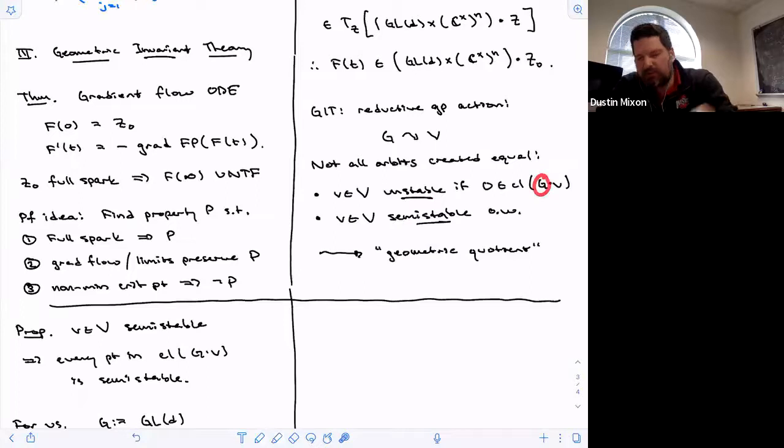So instead of looking at the full group, you could look at a one-parameter subgroup, a subgroup that's parameterized by a single complex variable. And certainly, if 0 is in the closure of the orbit under that one-parameter subgroup, then you're unstable. And it turns out the converse also holds. If you're unstable, then you're going to be able to witness that with some one-parameter subgroup. And this is super useful for deciding whether certain types of points are unstable or semi-stable.